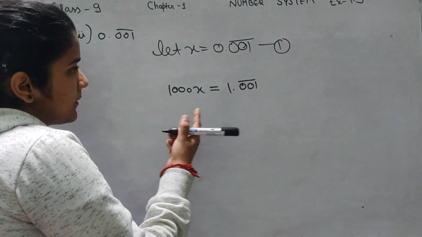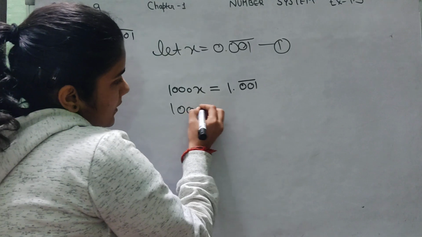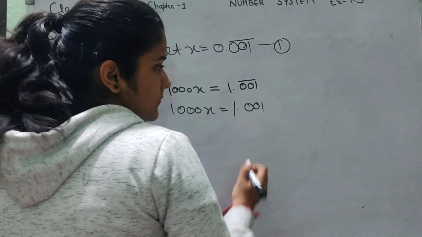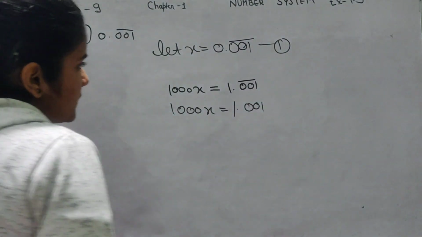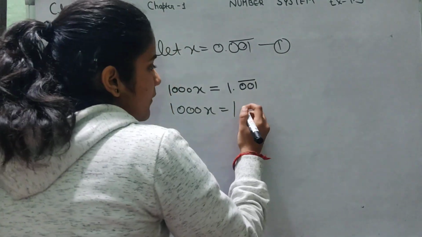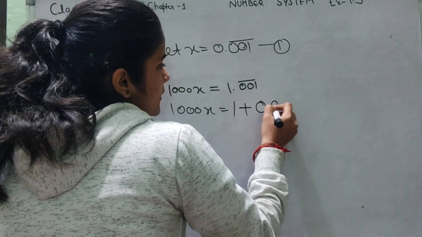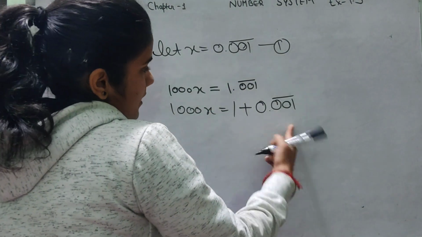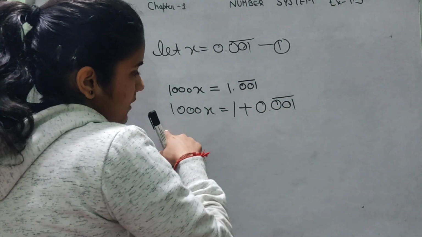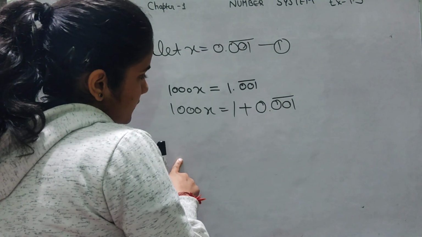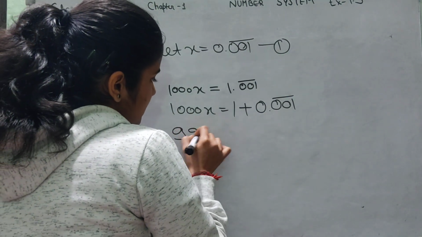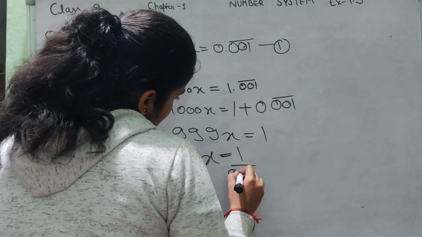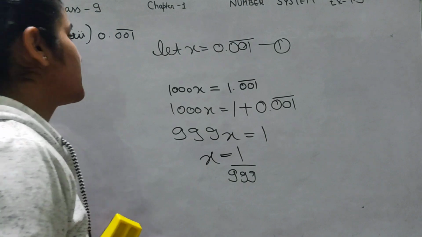This can be stated as 1000x equals 1.001 bar, which can be further written as 1 plus 0.001 bar, which equals x. Transposing this side, it becomes 999x equals 1, so x equals 1 upon 999. This is a rational number, and that's all.